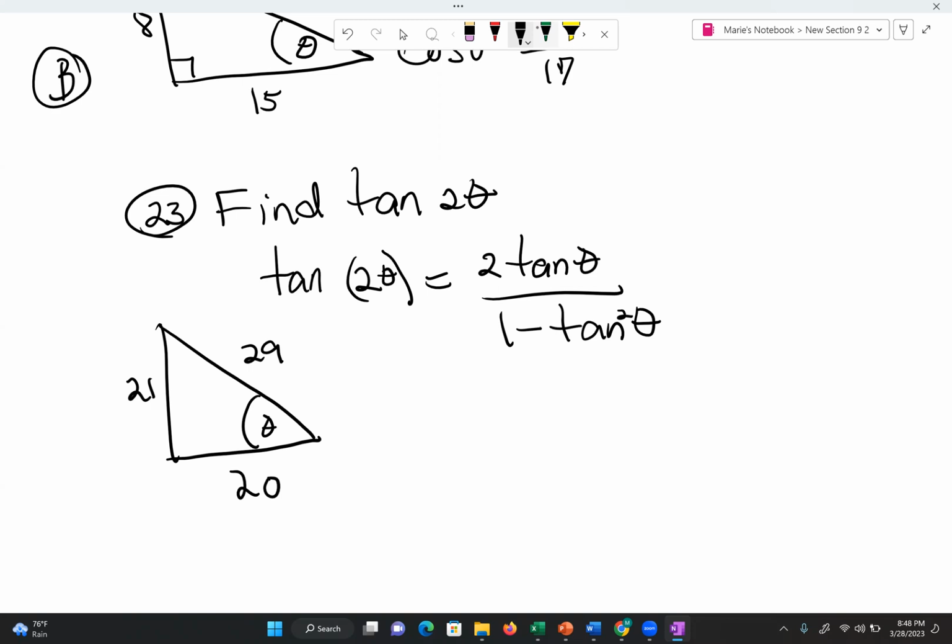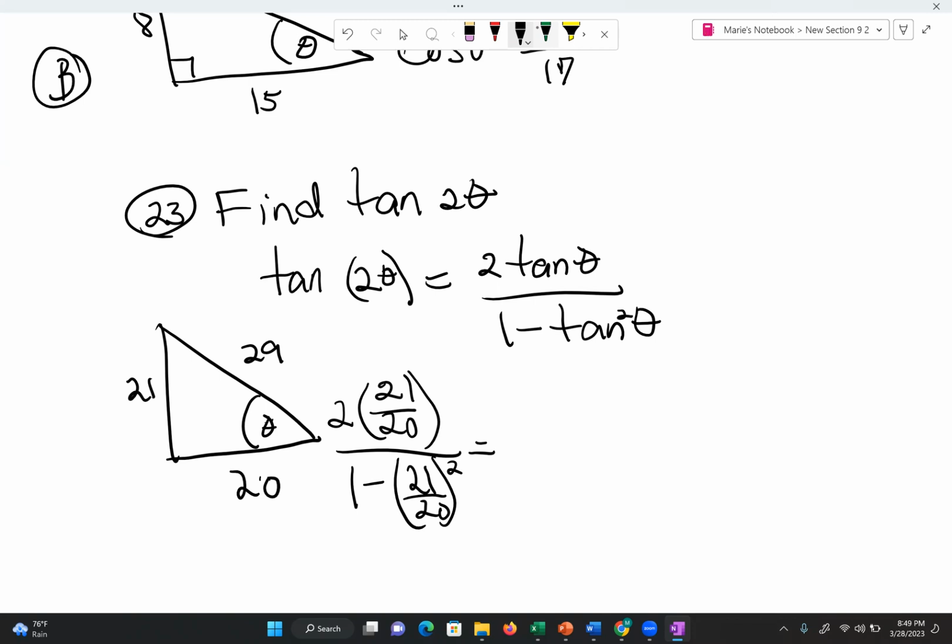So this becomes the tan of theta will be OA, so 21 over 20. And the top part of this is 2 times that. So 2 times all of that divided by 1 minus 21 over 20 squared. So doing a little mental math here, I'm actually not going to even bother. I'm just going to use a calculator, honestly.